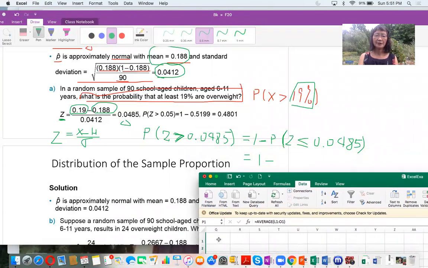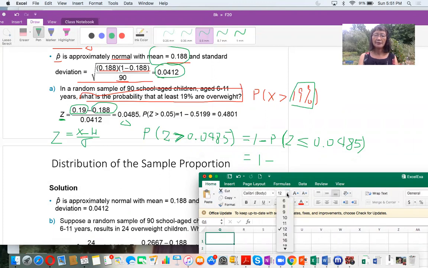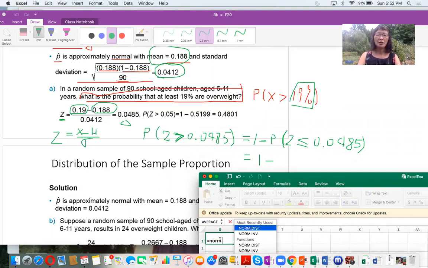I'll use this cell so that it will not block your view of the question. So I'm going to use norm.dist. X is 0.0485. Mean is 0. We use standard normal distribution. Mean is 0, standard deviation is 1. Cumulative, yes.